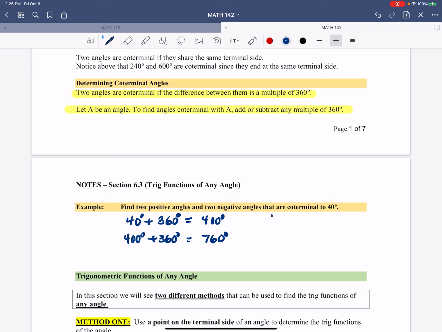To get negatives, I'm going to subtract 360. So that's negative 320. And if I subtract another 360, that gives me negative 680 degrees. So there is the answer to our question. All four of these angles, and I encourage you to try to sketch them, are coterminal to 40 degrees.